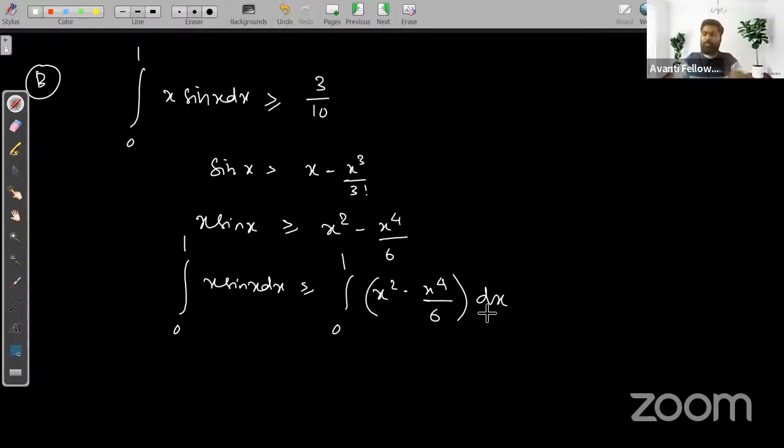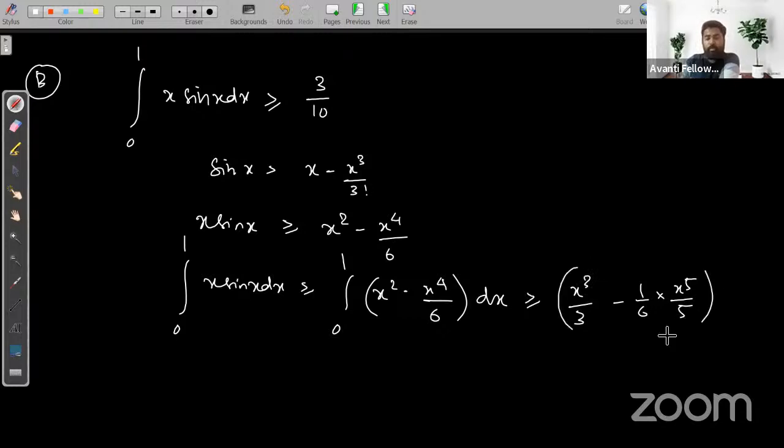Now use a similar process and try to integrate it. It will be greater than or equal to the integral from 0 to 1. If you integrate x square, what are you getting, guys? We get x to the power 3 by 3 minus 1 by 6 into x to the power 5 by 5.